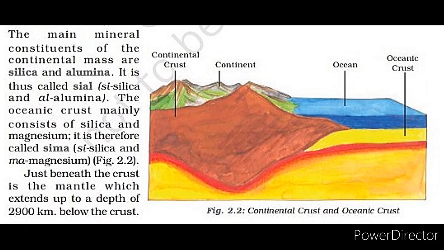In the book it is given that the main mineral constituents of the continental mass are silica and alumina. It is thus called SiAl, Si for silica and Al for alumina. The oceanic crust mainly consists of silica and magnesium, so it is called SiMa, Si for silica and Ma for magnesium.